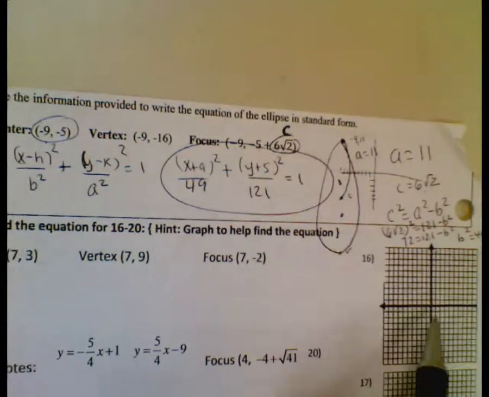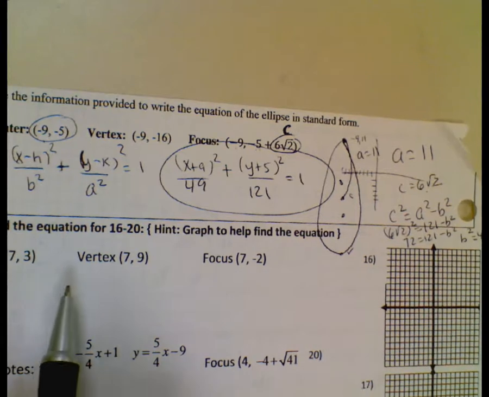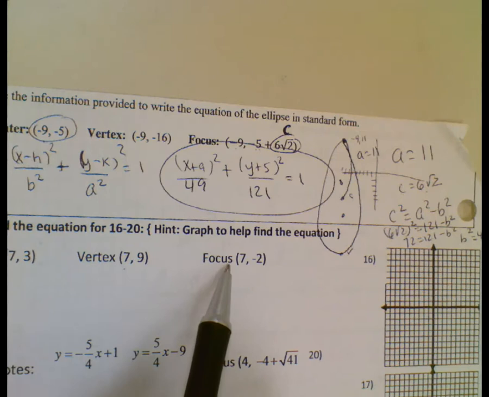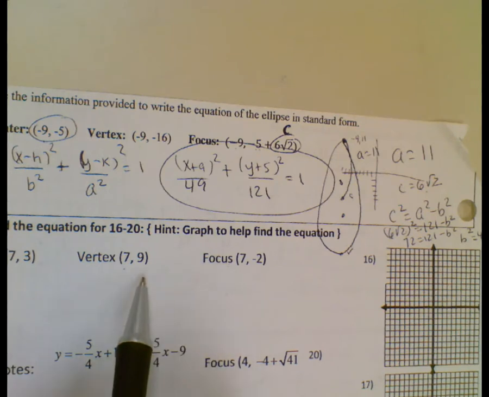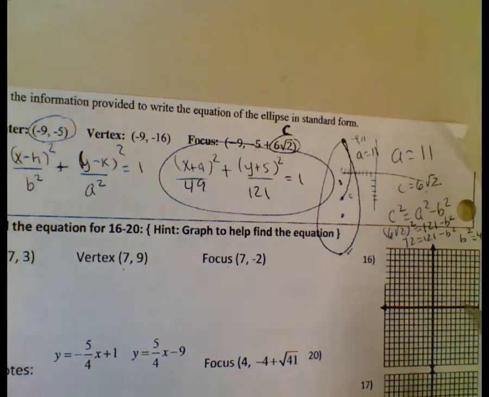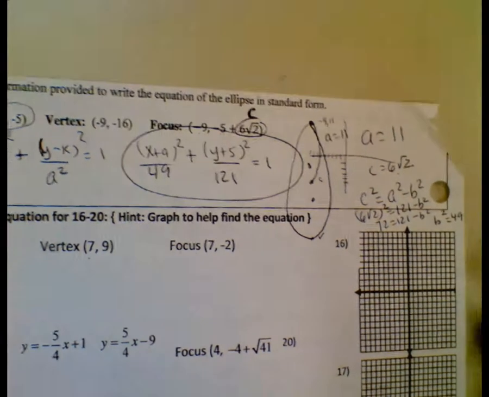Now we're going to use the graph paper here to help us, but we do not need to graph this. It says you have a center of 7,3, a vertex, and a focus. So we don't know if this is a hyperbola or an ellipse until we've graphed this. So 7,3, let's look at our graph over here.